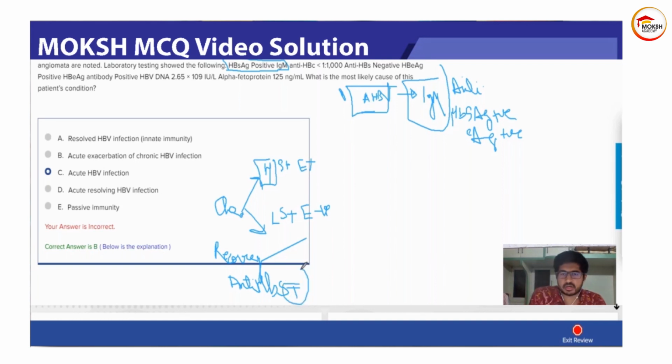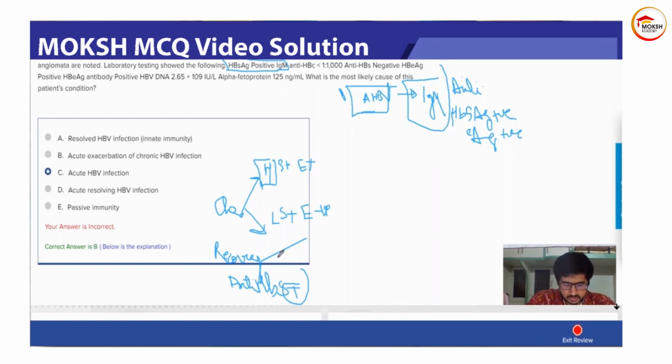IgG only, because it's already recovery. Recovery means it has passed through your chronic phase. Whenever the word acute is used, remember IgM. Whenever it is chronic or recovery or immunized, remember IgG.